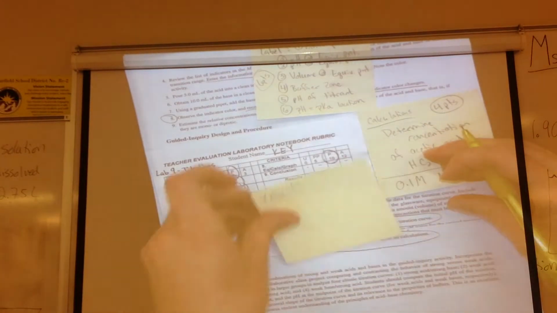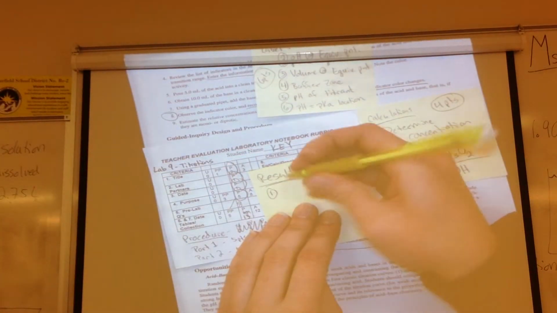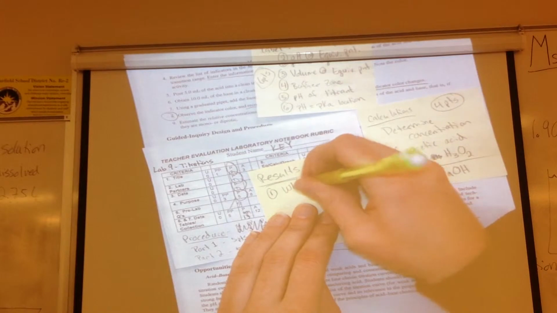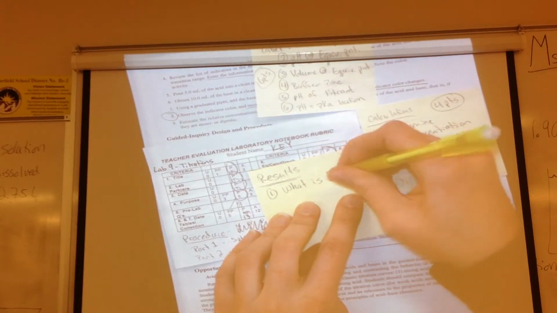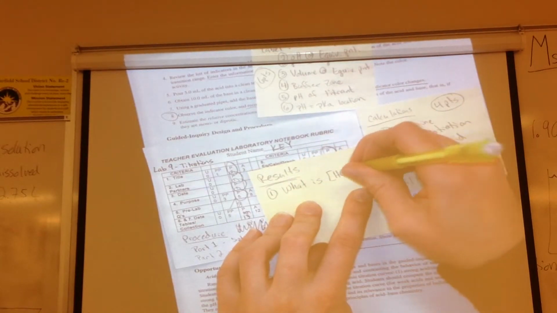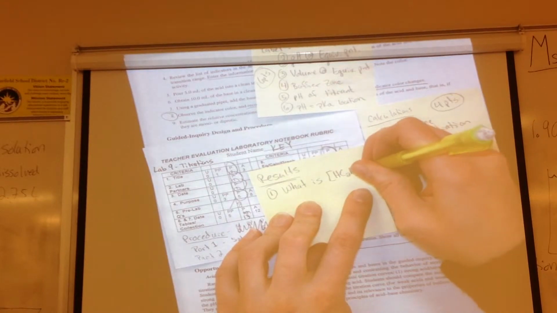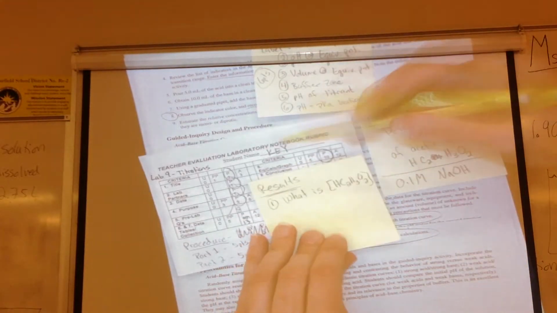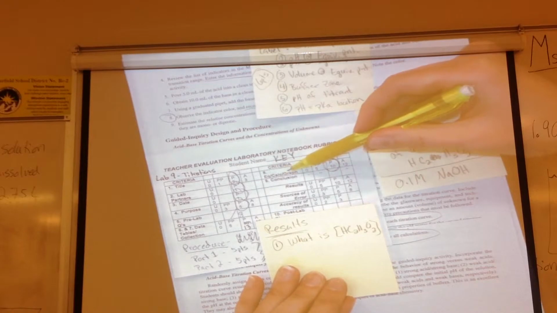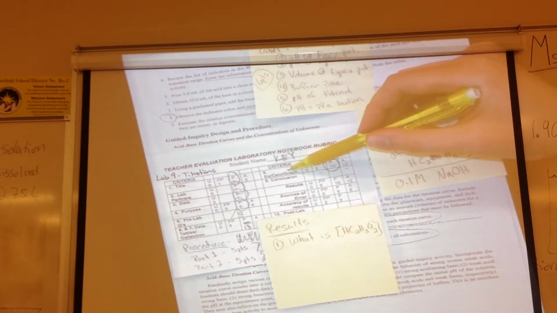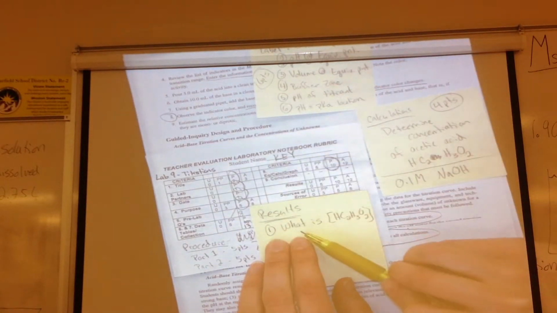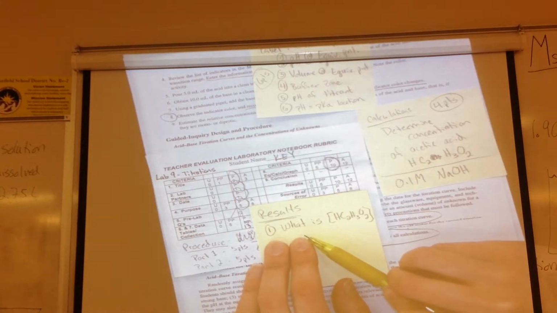First, what is your concentration of the acetic acid? So in this section up here, your calculation section, I'm looking for the math. In your results, I'm looking for the actual answer, the actual number.